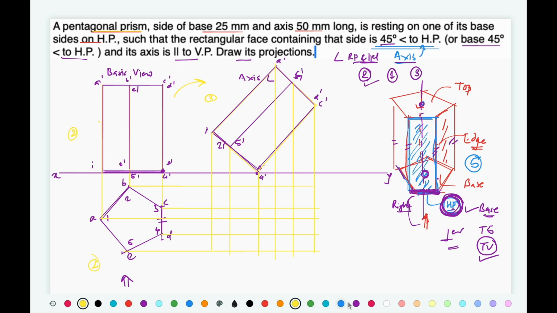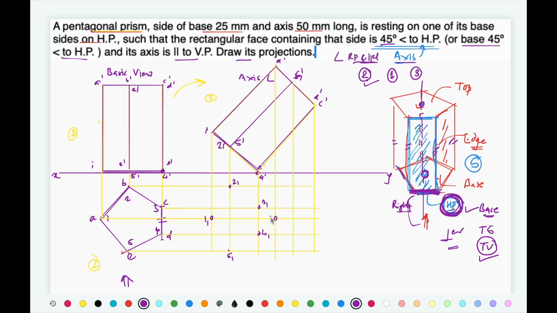Okay, now connect the intersection points. This is 1 1, this is 2 1, this is 3 1, this is 4 1, this is 5 1.